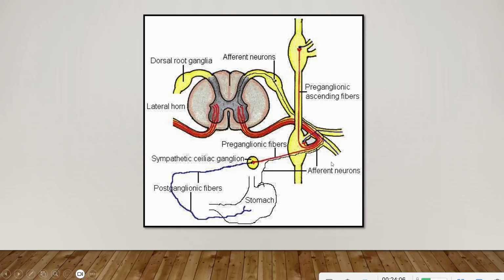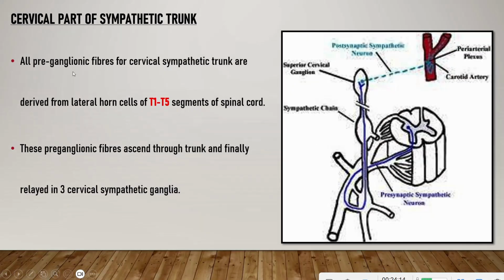But for the cervical sympathetic chain, they do not come through the white rami communicantes. All preganglionic fibers of the cervical sympathetic trunk are derived from the lateral horn cells of T1 to T5 segments of the spinal cord. These preganglionic fibers ascend through the trunk and finally relay in the 3 cervical sympathetic ganglia.